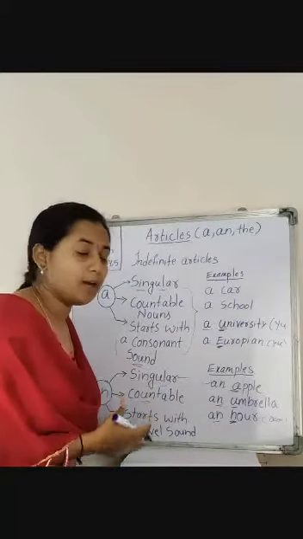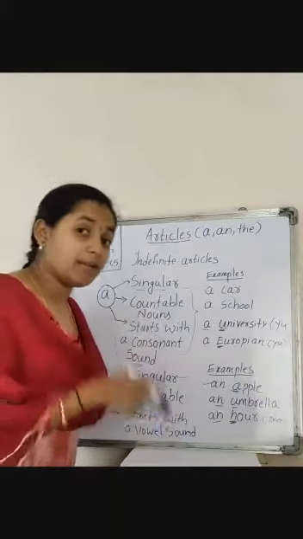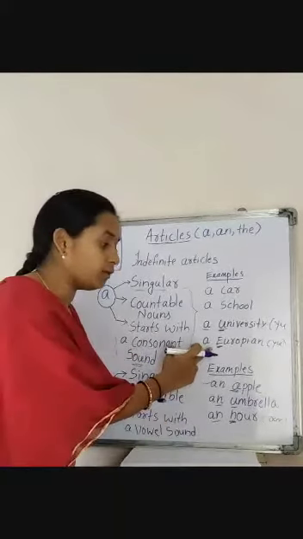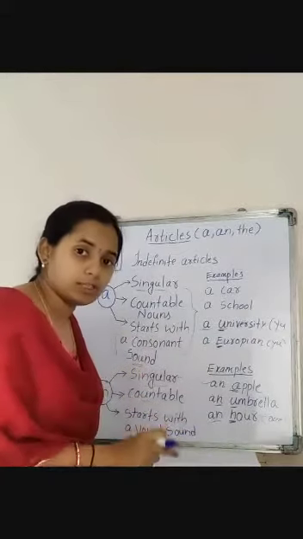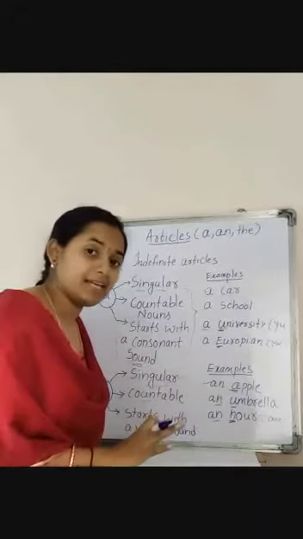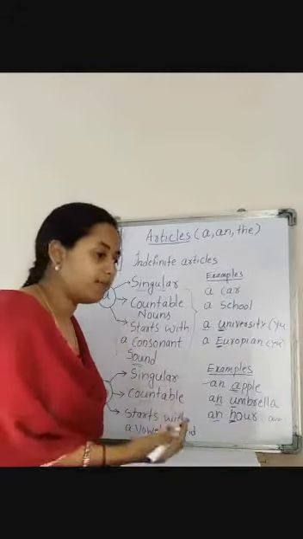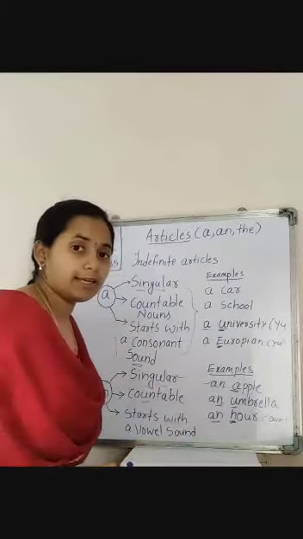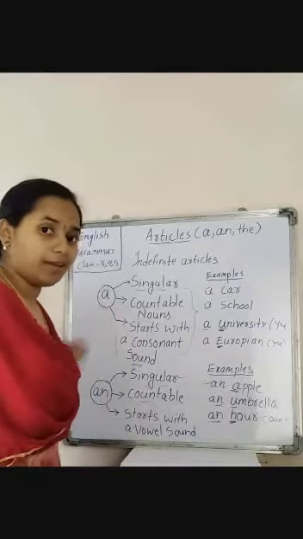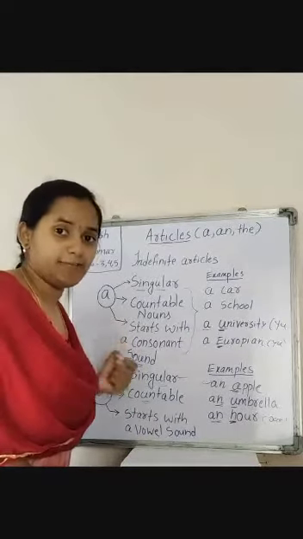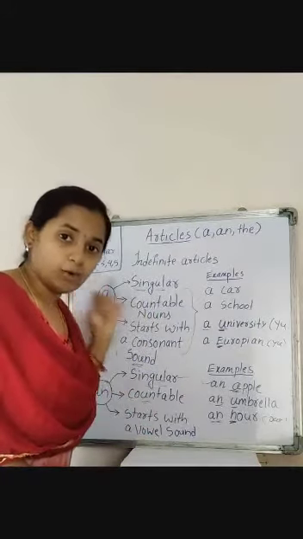Hope this one is clear. For all the words where, even though a vowel letter is there, the beginning sound is a consonant, we use a. And even though a word begins with a consonant letter, if that is silent, or if the beginning sound is a vowel sound, then we use an. So I hope both A and an are clear. A and an are indefinite articles, and both can be used for singular and countable nouns.